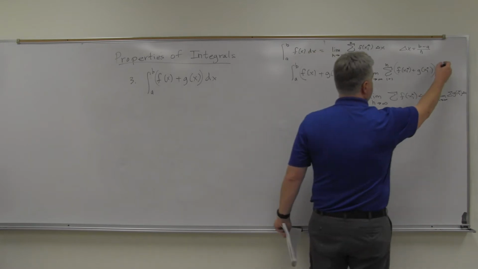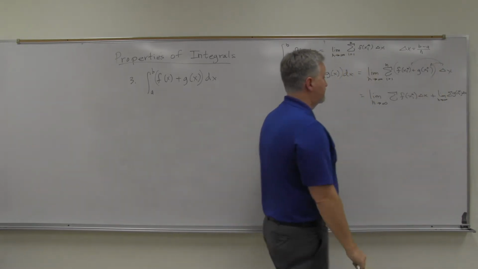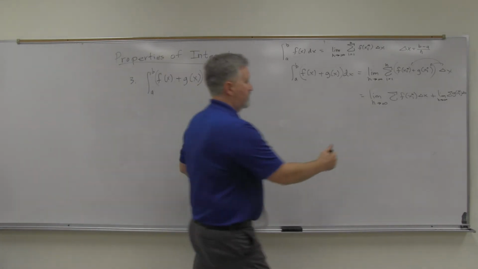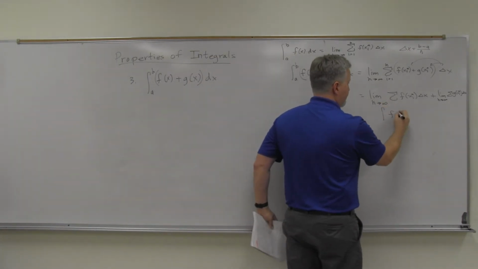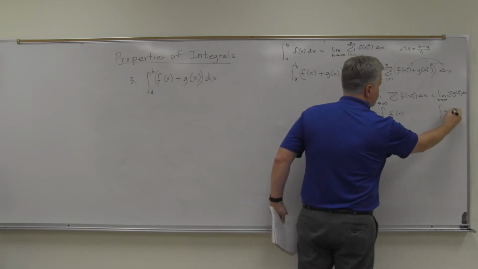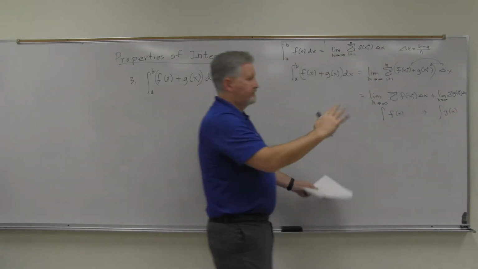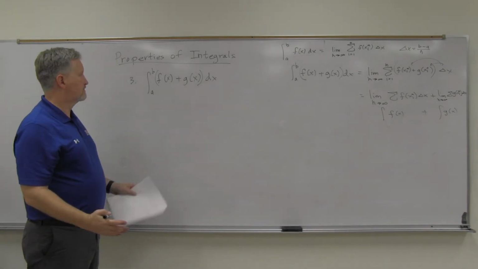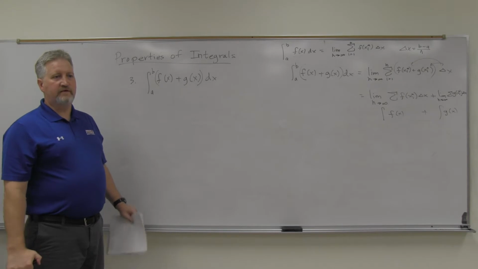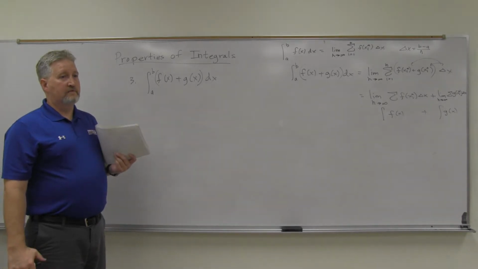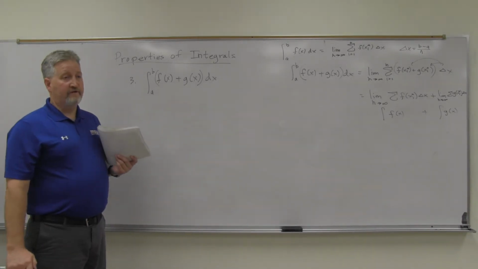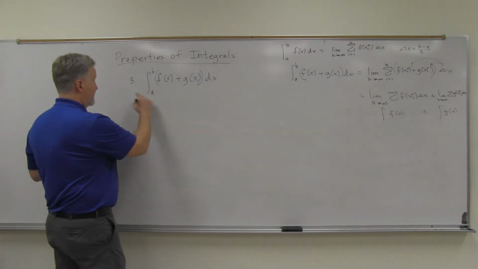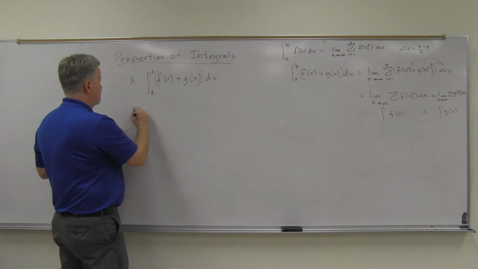Anyway, if you wrote it all out, you can separate those into two separate limits. Well, that's the integral for f of x, right? And that's the integral for g of x. So you can separate them like that. And that's a big deal because it's not at all the same for every operation between f and g. It is the same here. I guess you could call this number 4.